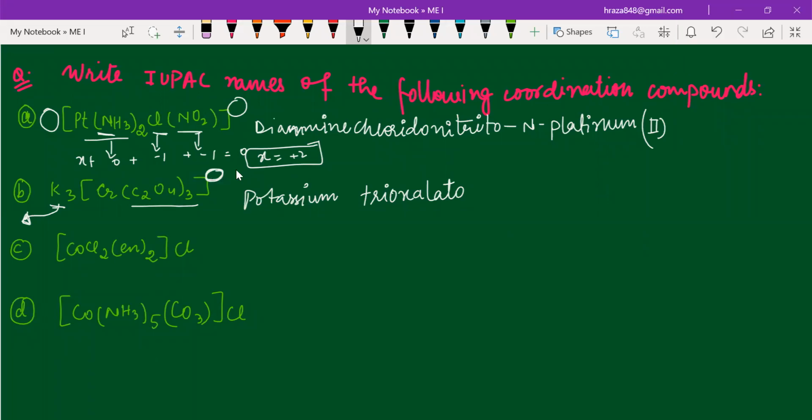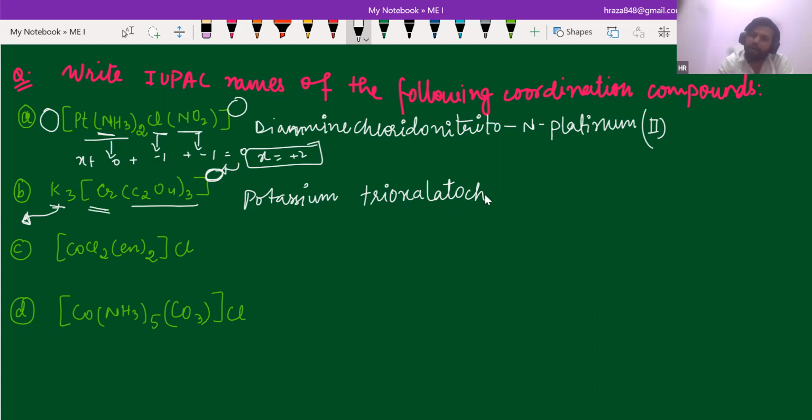If there is negative charge on the square bracket, that means the complex is an anionic complex. So the name of the central metal atom ends with ate. Chromium is here, so I'm going to write chromate, and then calculate the oxidation state. It will be 3, and this is the correct name.